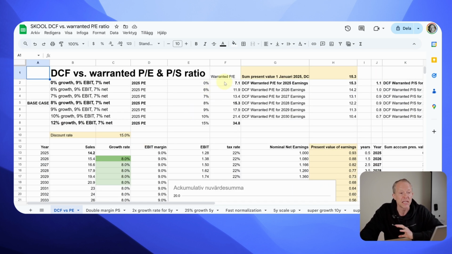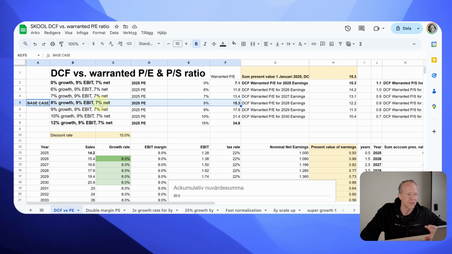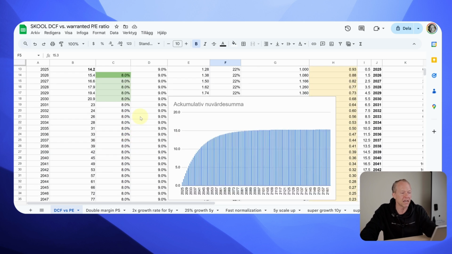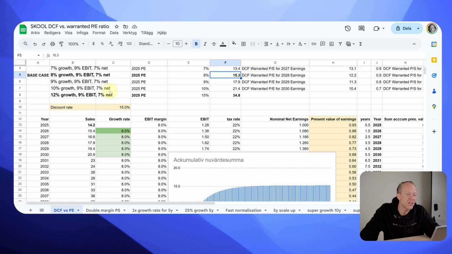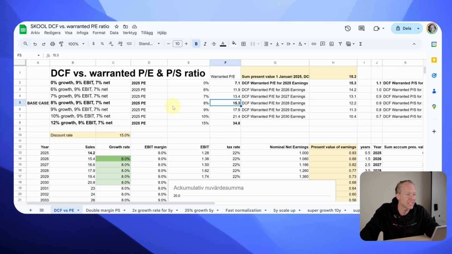So for example, if you have the base case of 8% growth, 9% EBIT, 7% net margin, then the warranted price earnings ratio is 15.3, and that's simply because I've done a detailed DCF analysis, just summarizing the present value of all future earnings given these assumptions. And as you can see here, if I change these assumptions, for example, to 9% growth rate, but everything else equal, then we get a 17.9 warranted price earnings ratio.